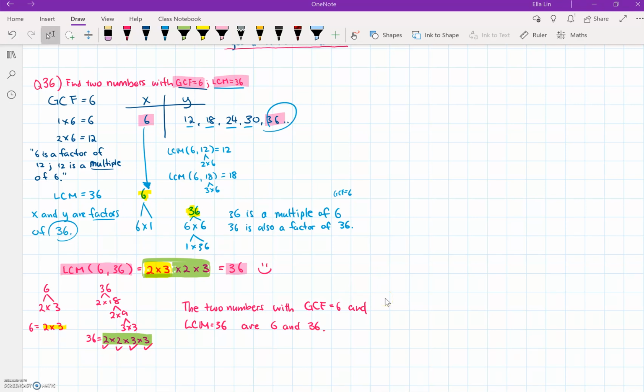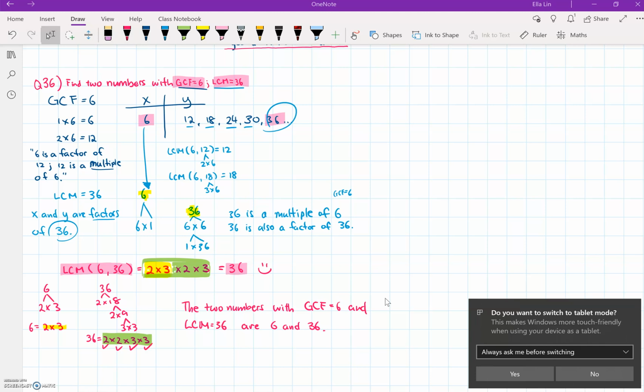Now you can have more than one answer, more than one solution for this question, okay? So for example, if your first number you had picked x equals 12 and you had picked y equals 18, well, between the two numbers, GCF of 12 and 18, the greatest common factor is still 6. So 2 times 6, 3 times 6, the largest number they have in common is 6.